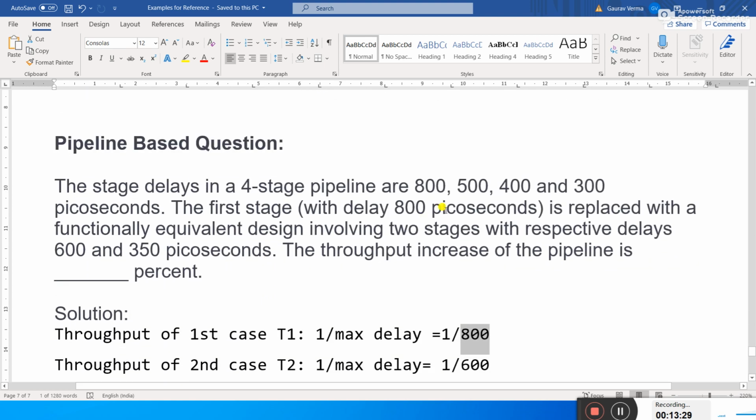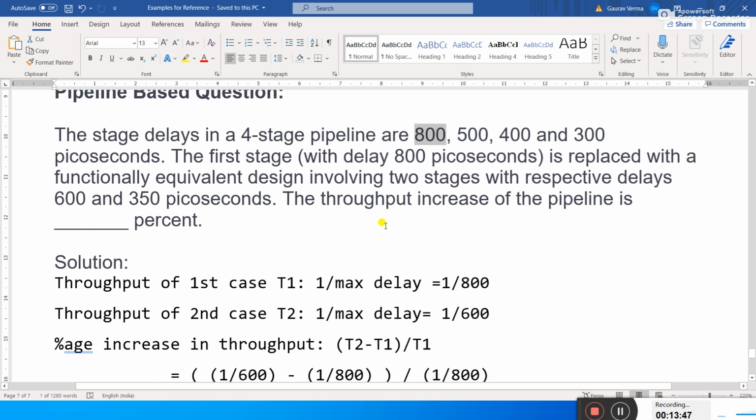In this question, he has changed this pipeline into a two-stage pipeline of 600 and 350 picoseconds. In that case, we always consider the maximum time among the pipeline stages.